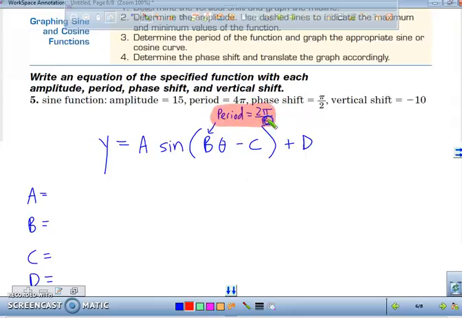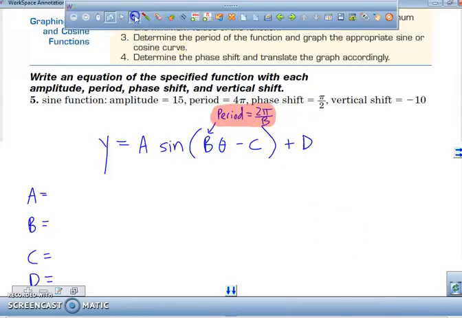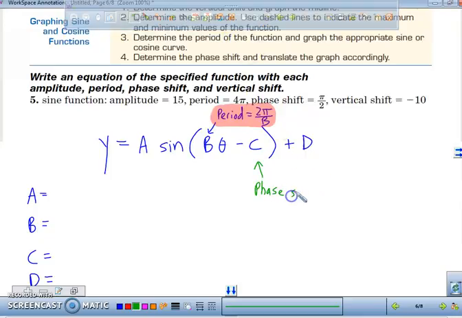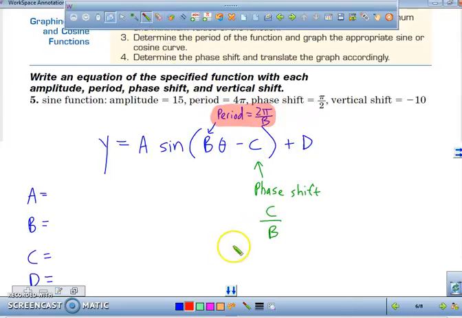Now, the c value is dealing with the phase shift. Remember, it helps you find the phase shift. The c value is not the phase shift, but there is a formula that you're going to use. And what is the phase shift formula? C over b. Okay, so whenever you are trying to find the value for c, make sure you're using this formula.